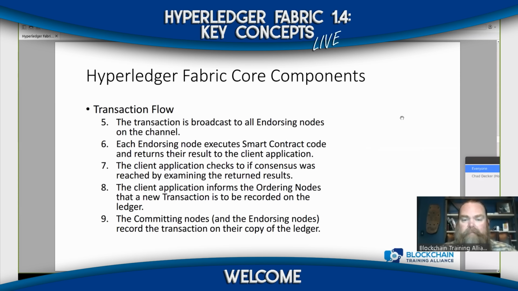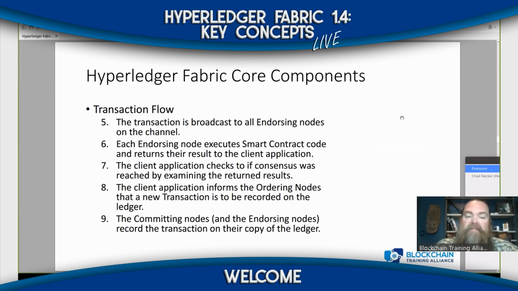For example, maybe on our channel, we have 12 endorsing nodes. And we've created a rule which says as long as 8 out of 12, as long as 2/3 of them come up with the same answer, we're good. We'll consider it a valid transaction. We'll add it to the ledger.